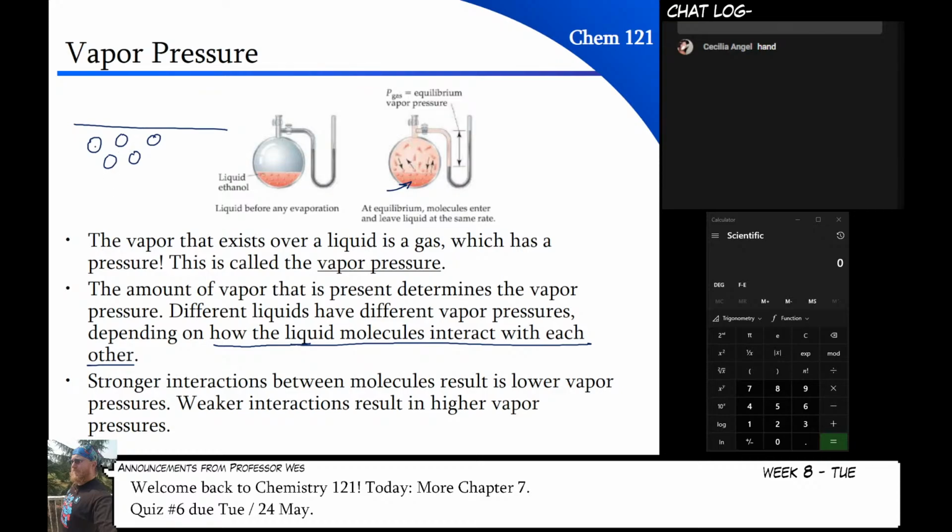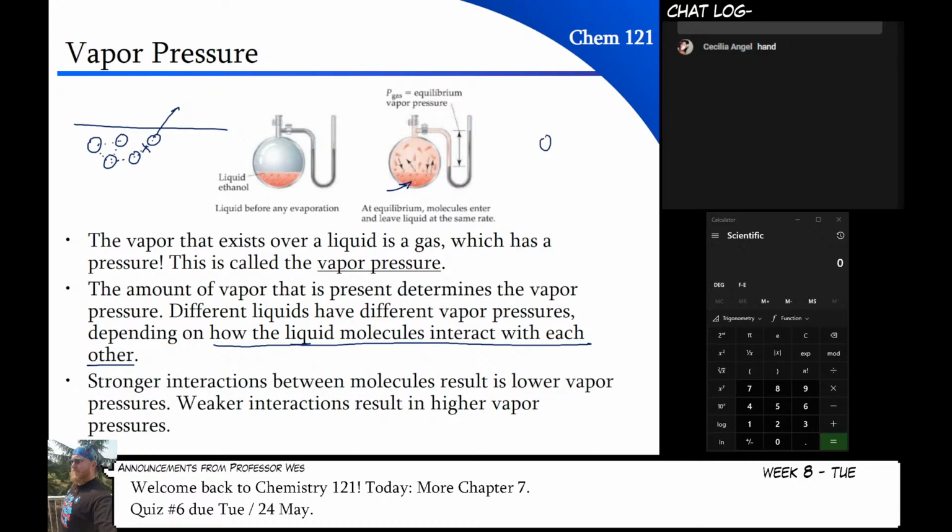These molecules are very weakly attracted to each other. So I'm going to write some very nebulous dotted lines here. If this molecule suddenly goes off in this direction, these other molecules aren't going to follow it because the attraction is very weak. So therefore, the molecules can just escape into the vapor phase whenever they want to.